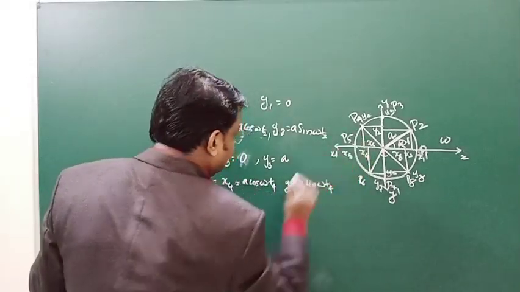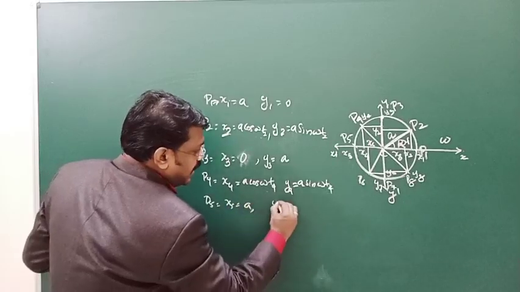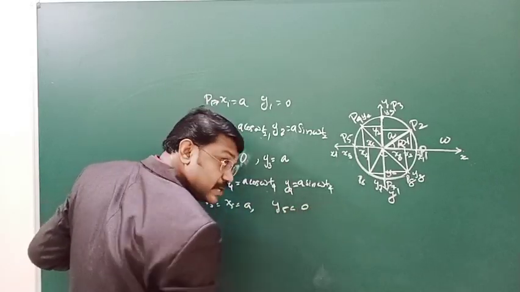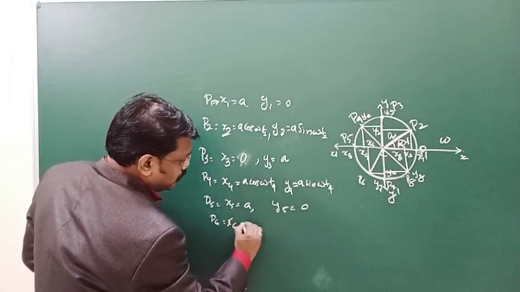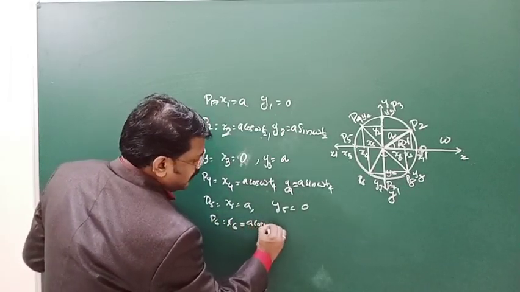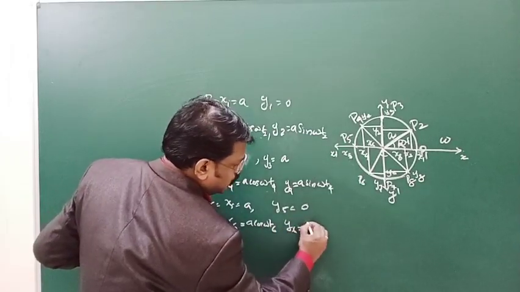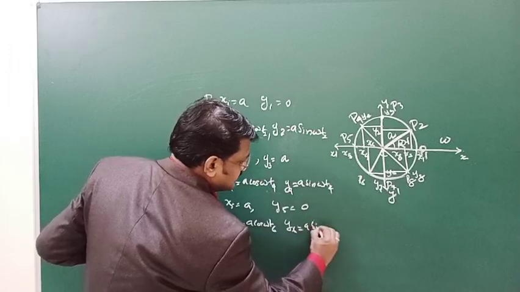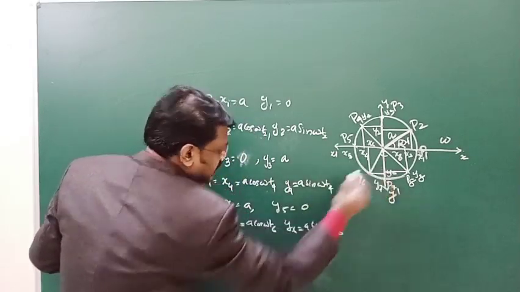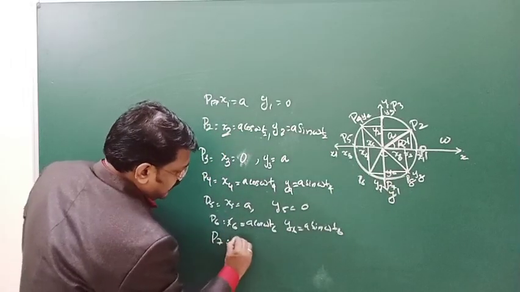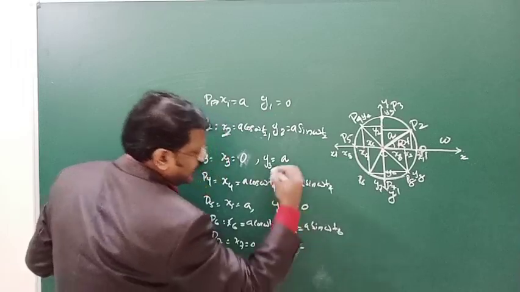Then at the point P5, x5 is equal to a and y5 equal to 0. Then P6, x6 is equal to a cos omega t6 and y6 is equal to a sin omega t6. Then at P7, x7 equal to 0 and y7 is equal to a.